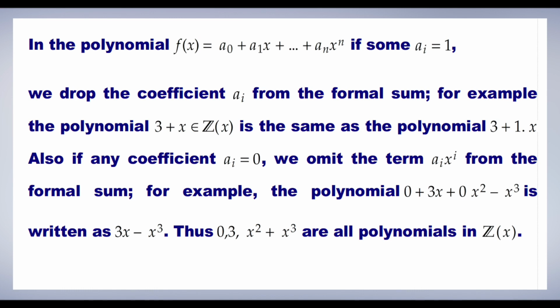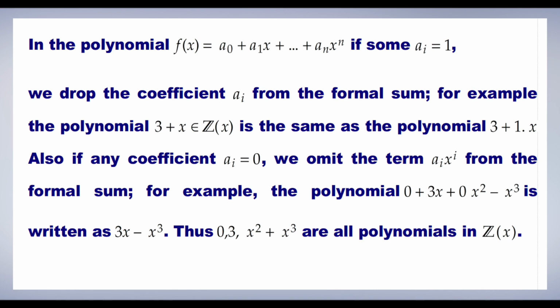In the polynomial f of x equal to a0 plus a1x plus and so on, plus an x power n, if some ai is equal to 1, we drop the coefficient ai from the formal sum. For example, the polynomial 3 plus x in Z of x is the same as the polynomial 3 plus 1 dot x.